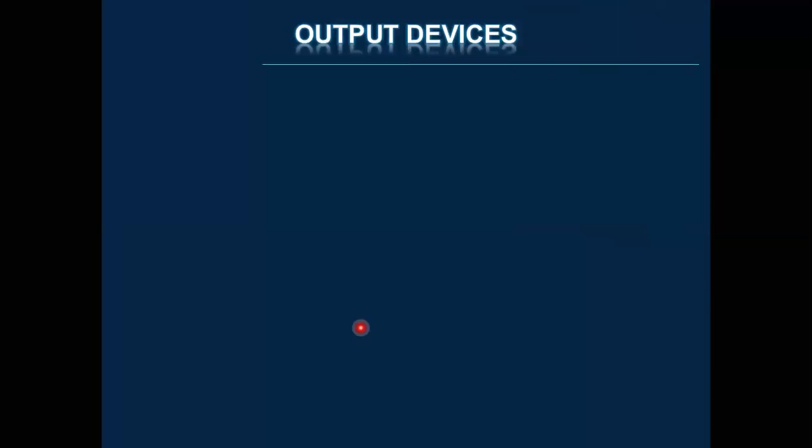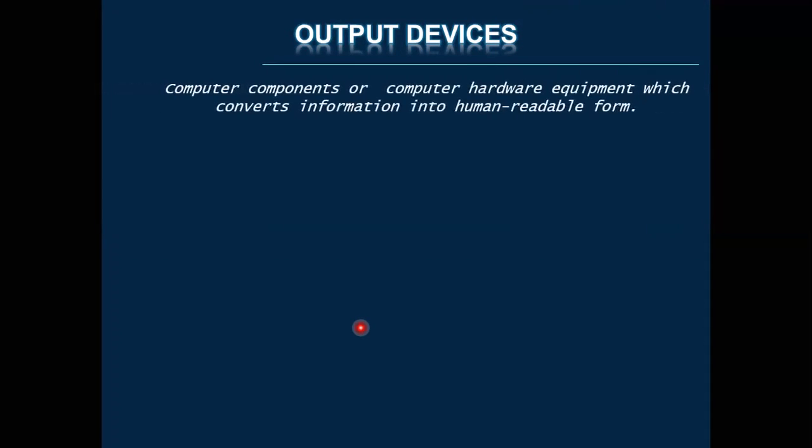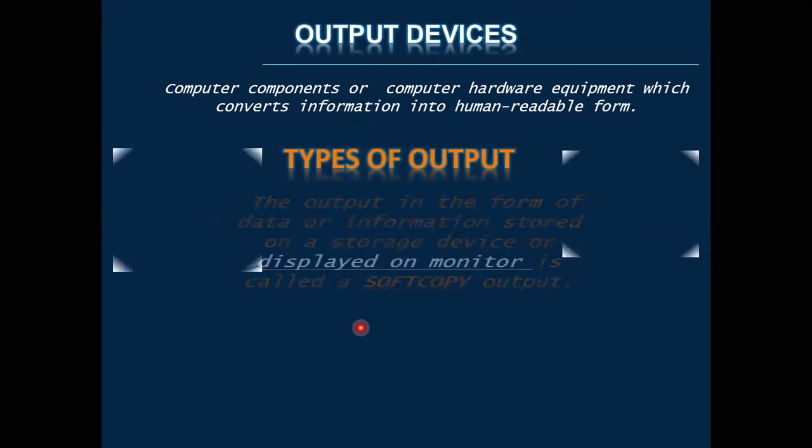The next concept you learned in your previous classes was output devices, devices which are used to take results from the computer, or which provide us information after processing in human readable form. Normally, there are two types of output that we can get from the computer.